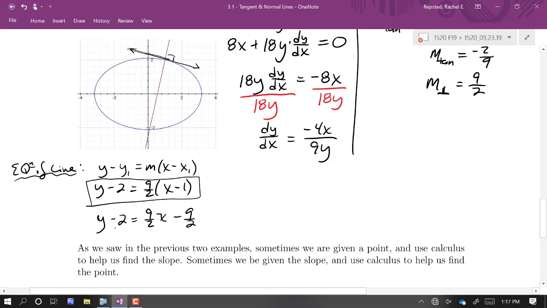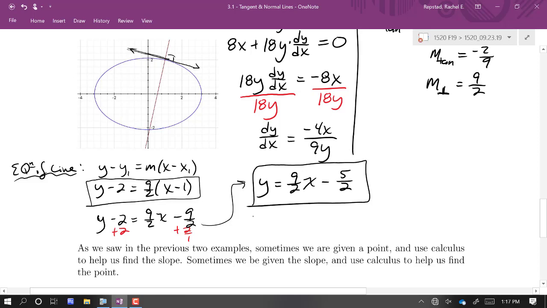If we add 2, then we get 9/2 x minus 9/2 plus 4/2, which is minus 5/2. And you could write it in either form.